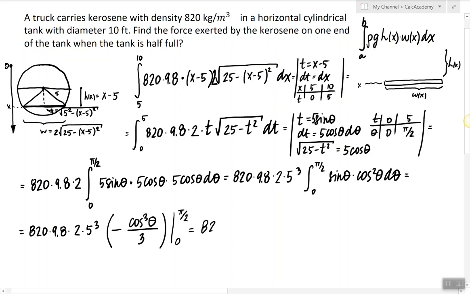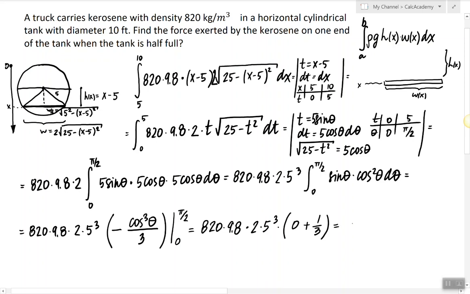So we get 820 times 9.8 times 2 times 5 cubed. Cosine of pi over 2 is 0, and at 0 it is 1. So taking away negative 1/3 from 0 gives us positive 1/3.